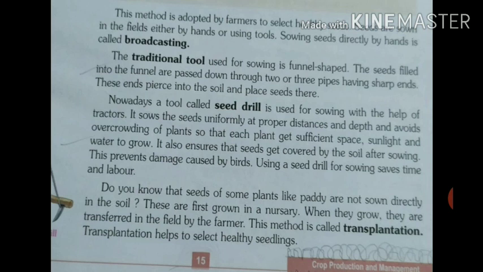Number two, the process of transplantation allows better penetration of the root in the soil. Third, the process of transplantation promotes better development of the shoot system of the plant. The process of transplantation allows the seedlings to be planted at the right spacing so that the plants may get a uniform dose of sunlight, water and nutrients. These are the benefits of transplantation.